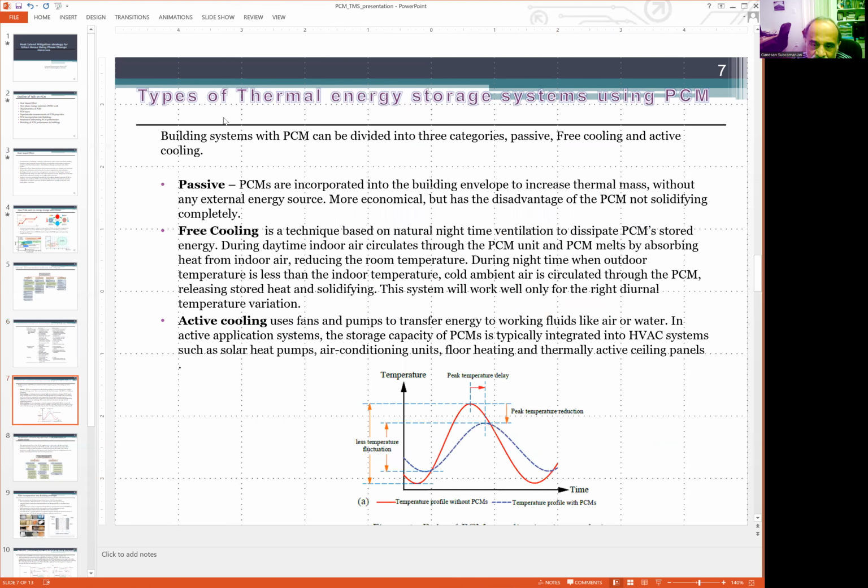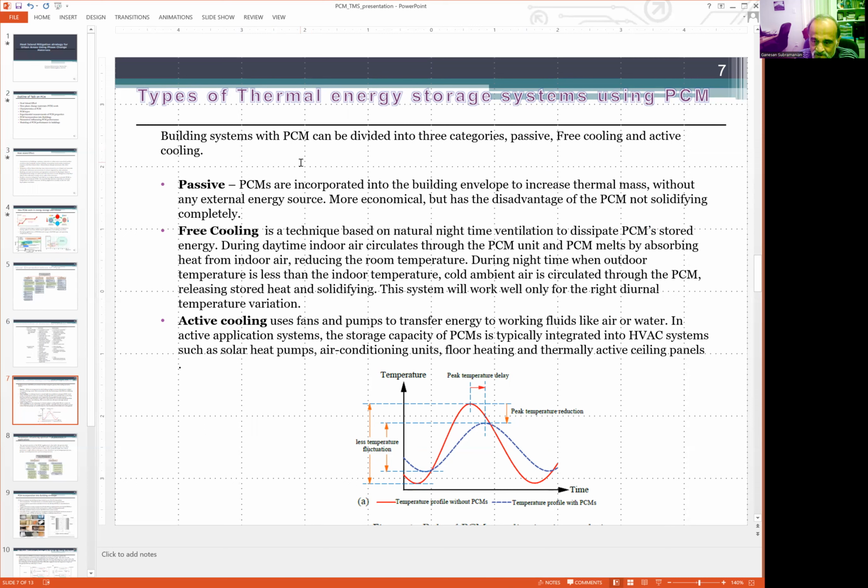And in addition to the characteristics themselves, we need to know the types of thermal storage systems before using PCM, because that will aid in our choice of the right PCM. So we divide this into three categories: passive, free cooling, and active cooling.